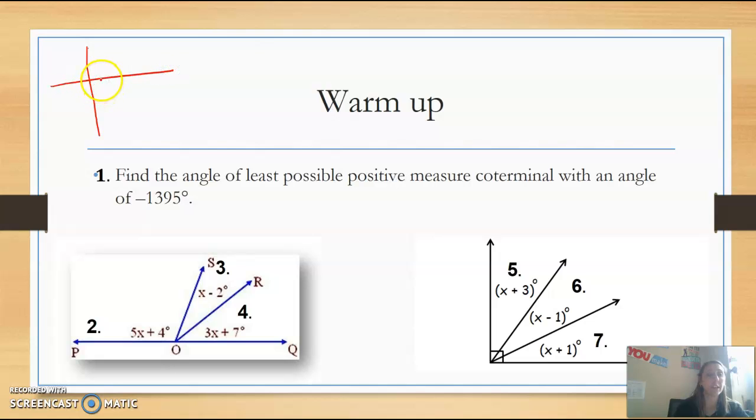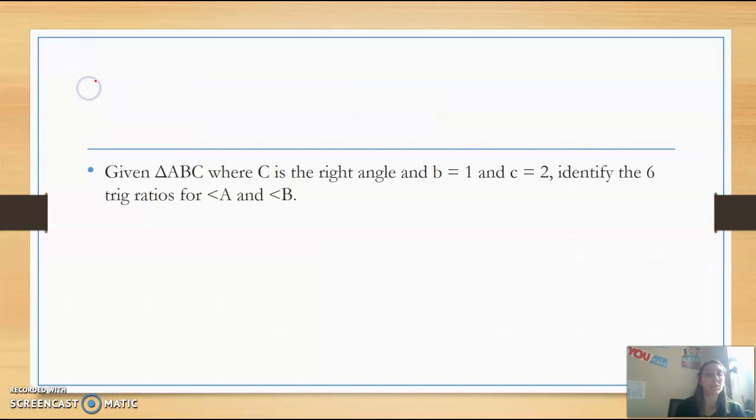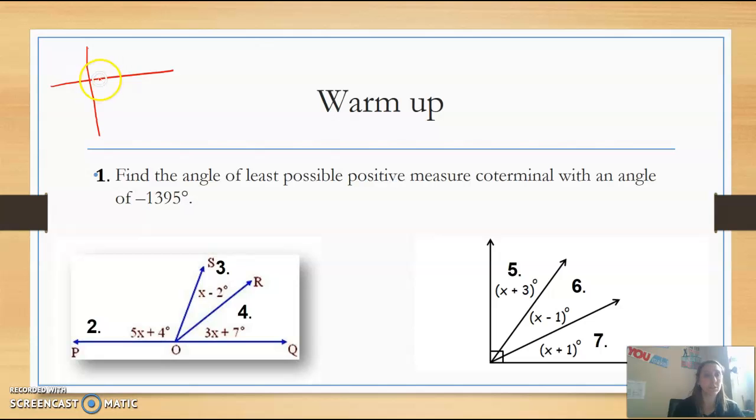I'm going to start here, at the initial side, and I'm going to go down because it's a negative. I'm going to go all the way around. That's 360. All the way around again, 720. All the way around again, I'm at 1080.